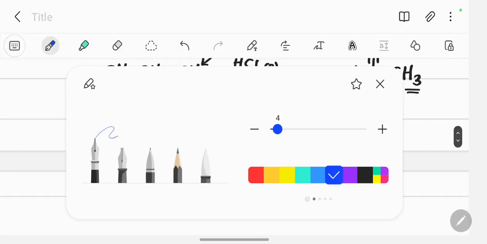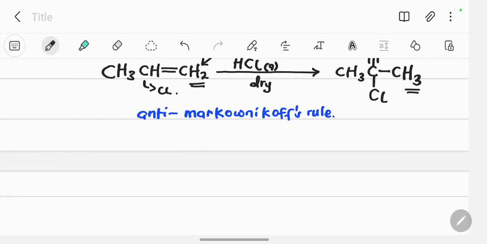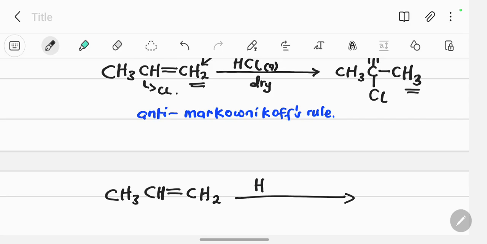For example, we shall use that very example there, CH3, CH double bond, CH2, hydrogen.